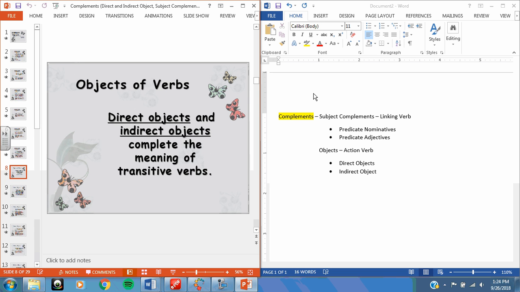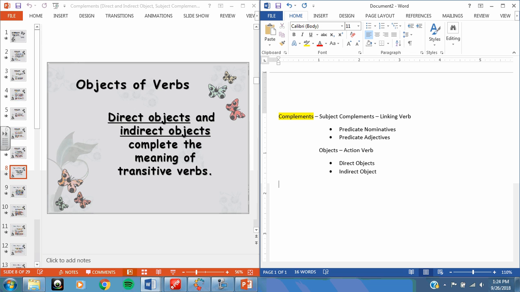And what really makes a complement, the difference between an object and a nominative or a predicate adjective, is the type of verb they come after. So we know that predicate nominatives come after linking verbs, as do predicate adjectives. Objects, specifically direct objects and indirect objects, come after action verbs. Now this says transitive verbs over here.